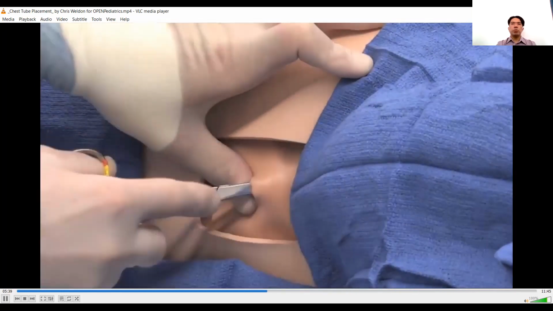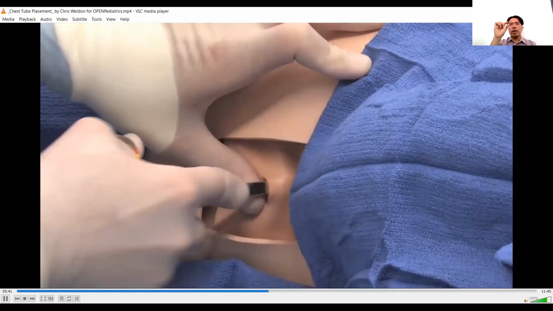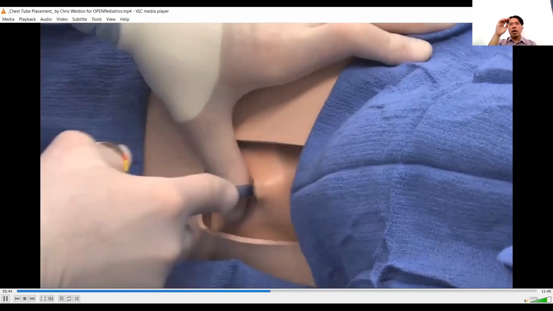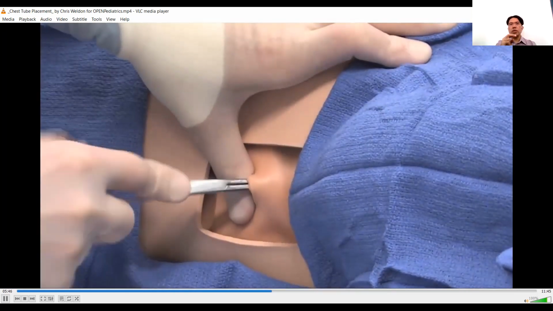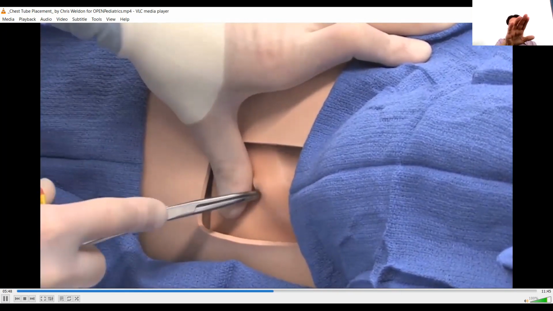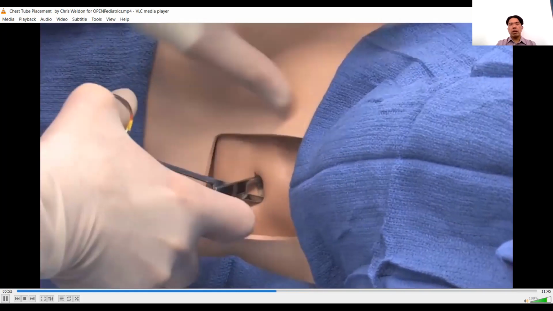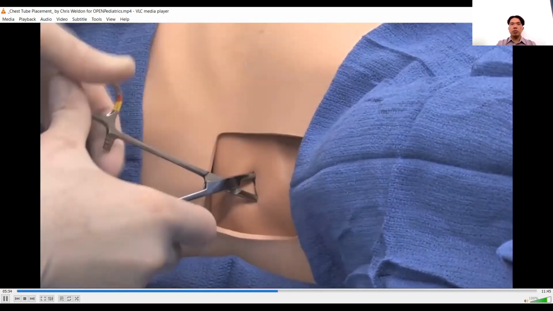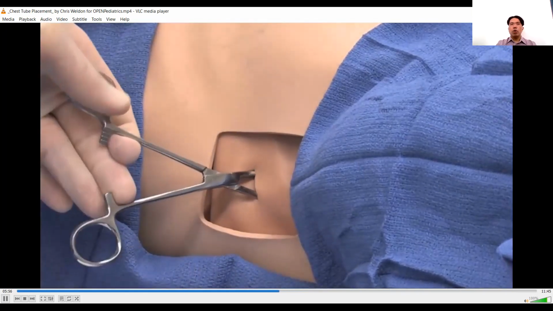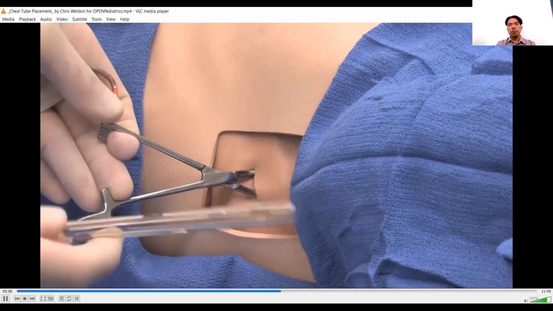Cephalad means superior to the rib because the neurovascular bundle structures are at the inferior border of the rib. If you place your blunt instrument inferior to the rib, you might encounter bleeding from the intercostal arteries, intercostal vein, or pain from the intercostal nerve.